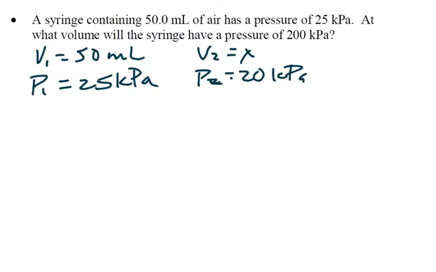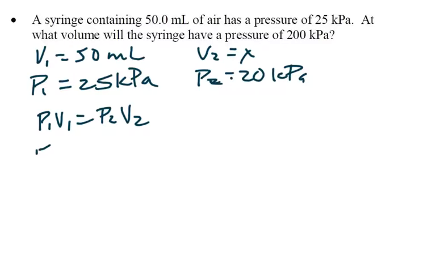My formula is P1 times V1 is equal to P2 times V2. Again, I refer back to the combined gas law, PV over T equals PV over T, and since the temperature is not mentioned, it doesn't change, so that's out of my equation. So P1 V1 equals P2 V2.